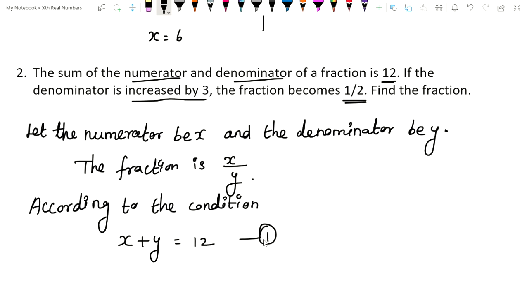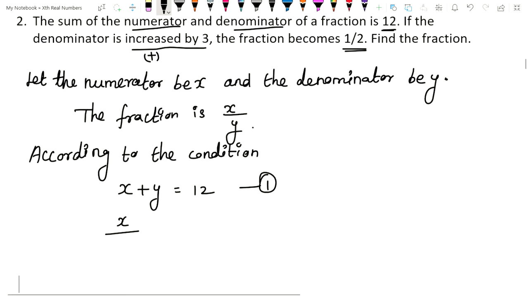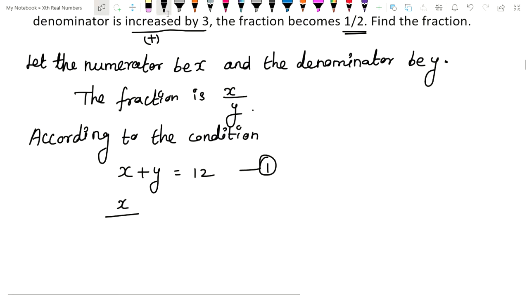First equation. And second condition, if the denominator is increased by 3. Increased means we should add the plus sign. So numerator you write as it is, numerator x divided by denominator increased by 3, so y plus 3 equal to 1 by 2.